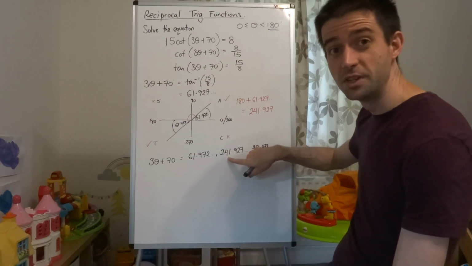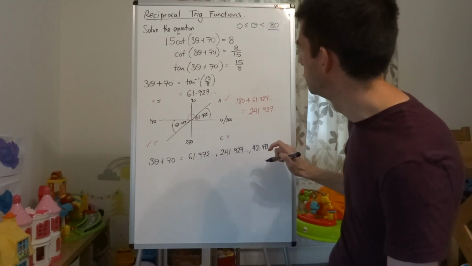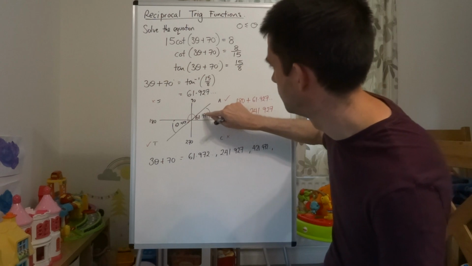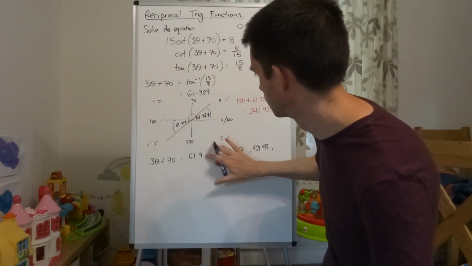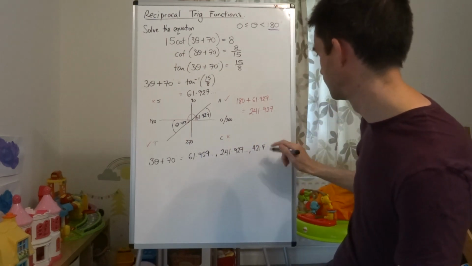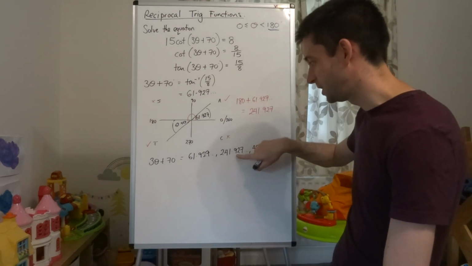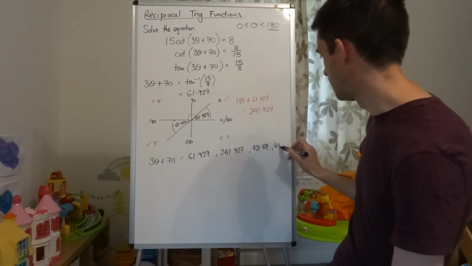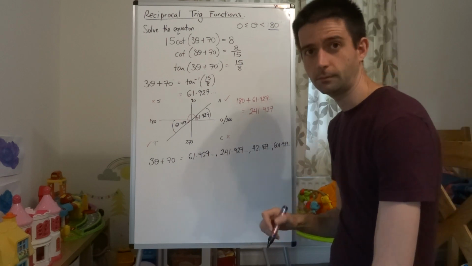And adding 360 to this one will, hang on, why am I sometimes saying 972 and sometimes saying 927? It's 927. Add 360 to this, 601.927.